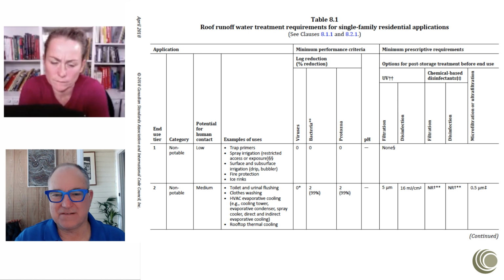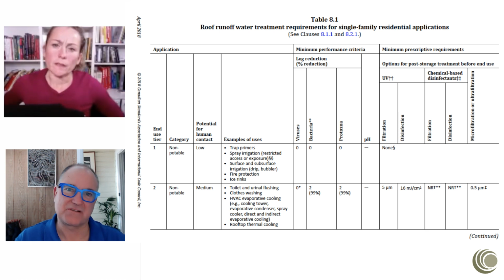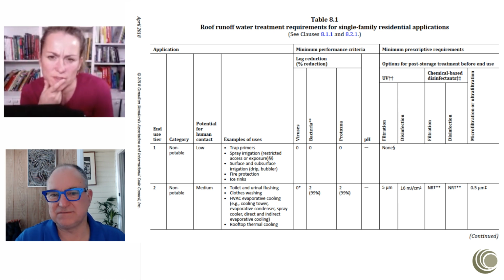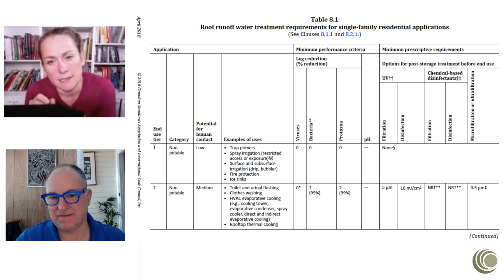So if you're not testing in the right place, you get completely different answers. If you're testing for drinking water, you better test at the drinking water tap, not at some obscure place at the top of the rainwater storage. Yeah, and the good news with this standard is I'm quite positive they talk about always testing at the location of use for the end point.